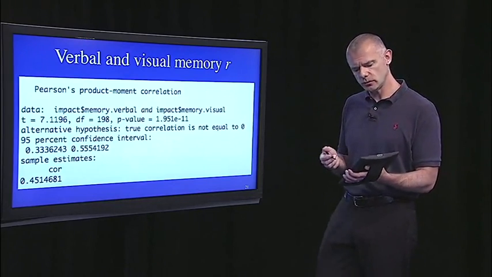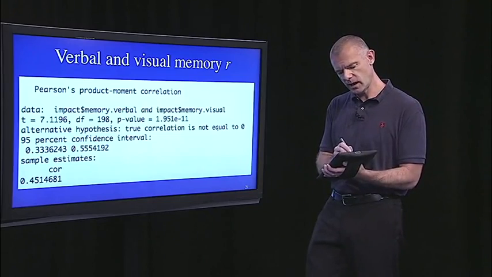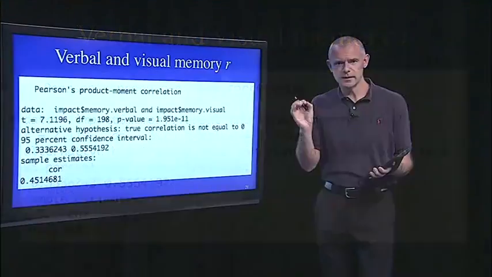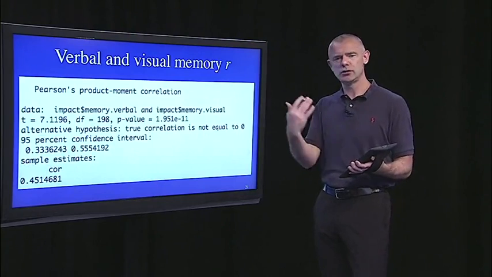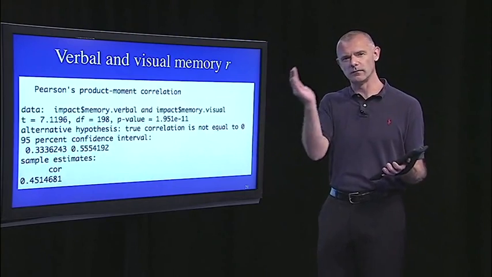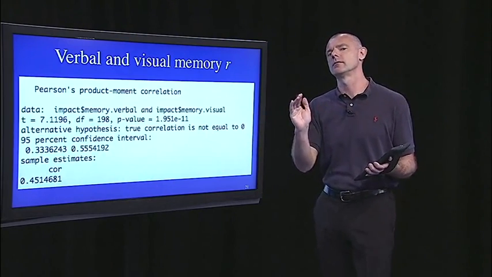Another thing we could do is just report what's called a confidence interval. Remember that every sample statistic is prone to sampling error. So this correlation coefficient is only true for this sample. If I ran another 200 students, I might not get 0.45. I might get 0.48. I might get 0.39.